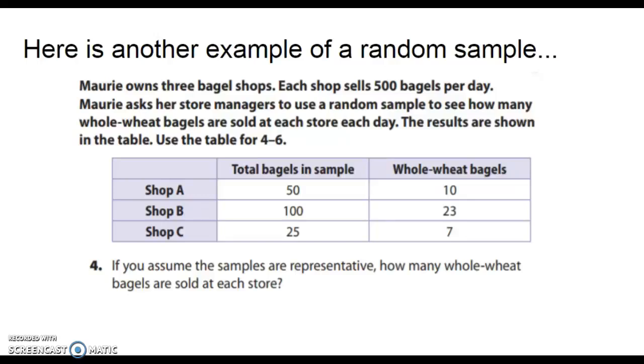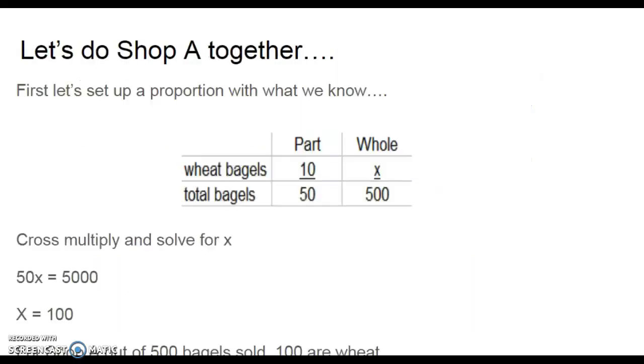This is how I worked Shop A. First, I set up a proportion with what we know. We know that out of 500 total bagels, we used 50 as the sample. And out of that 50, 10 were whole wheat.